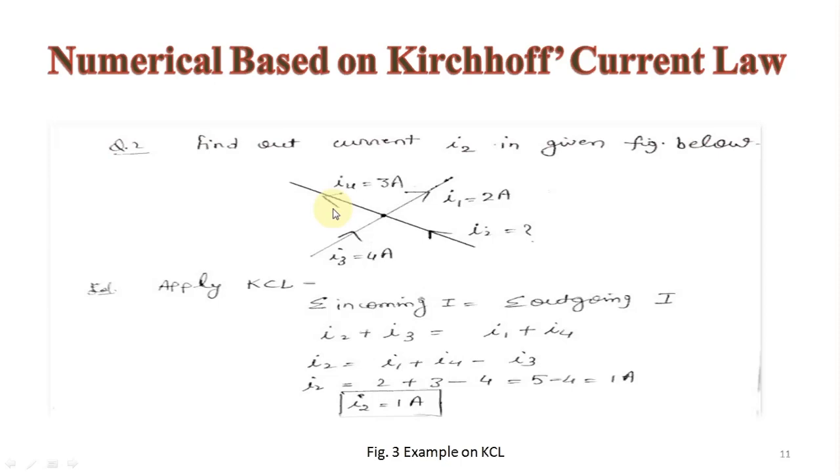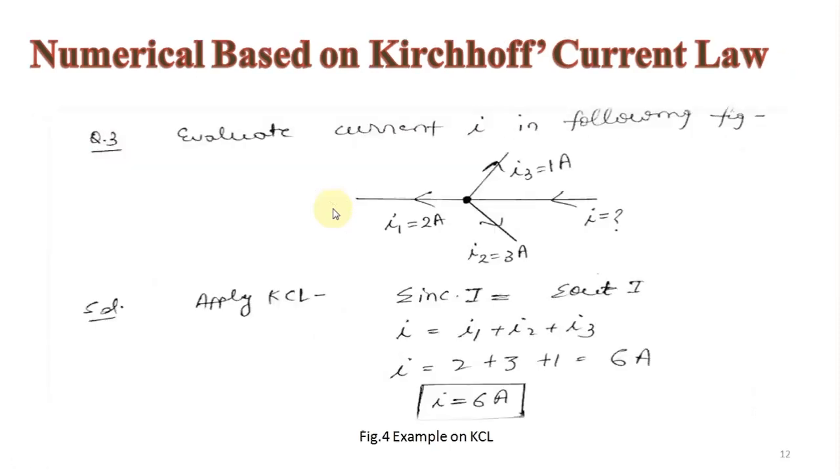Next we go to the third numerical problem. In this problem we have a circuit like this, and in this circuit we want to find the current I. The same assumption we apply over here: the incoming current is equal to the outgoing current, and with the help of this assumption we find the value of current I, as current I is equal to I1 plus I2 plus I3.